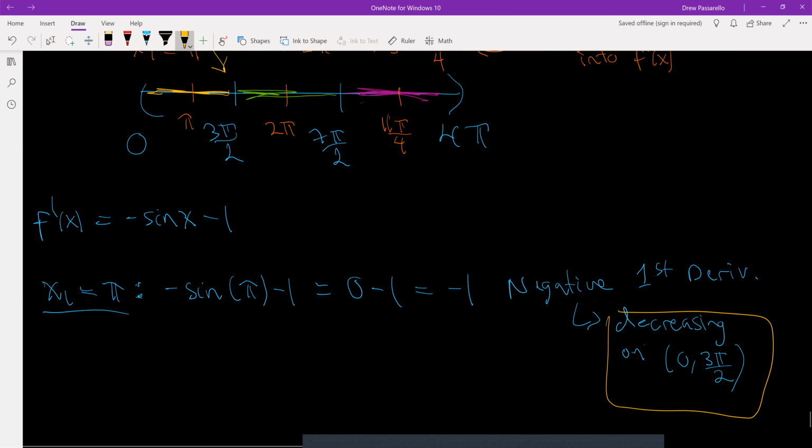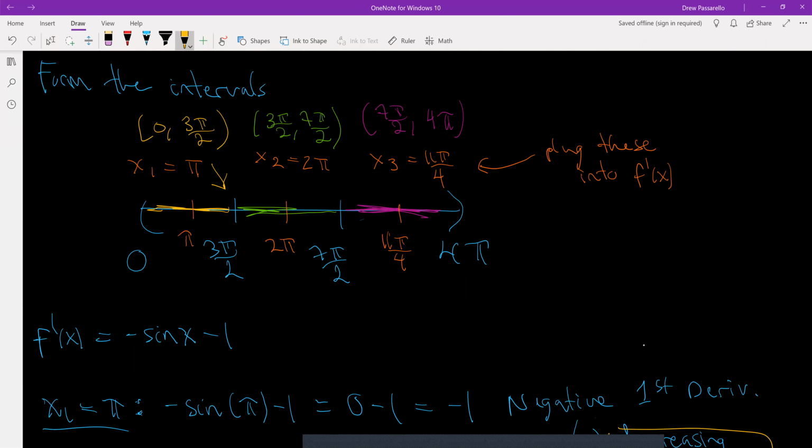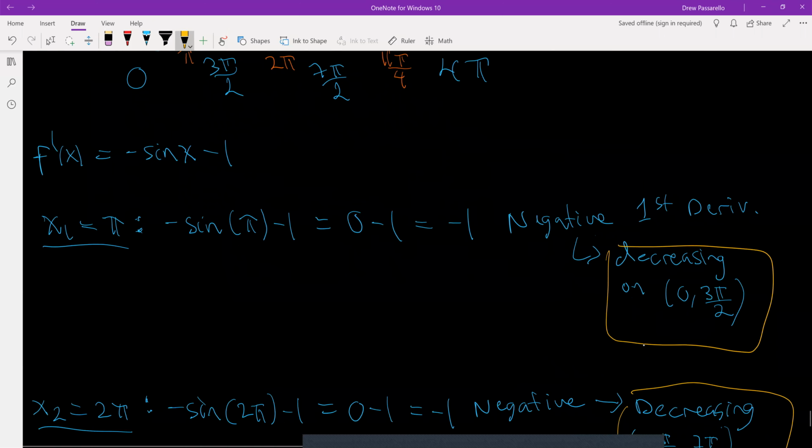So the second interval is still decreasing. So it doesn't switch from decreasing to increasing or vice versa at 3 pi over 2. That means 3 pi over 2 is not going to be a relative min or relative max.